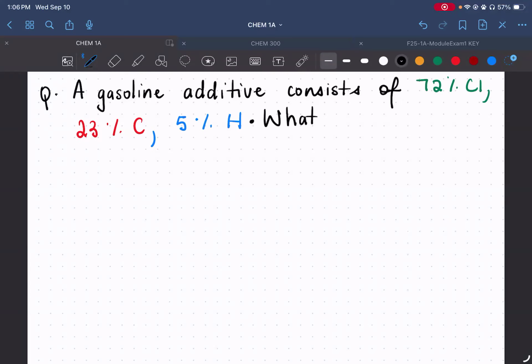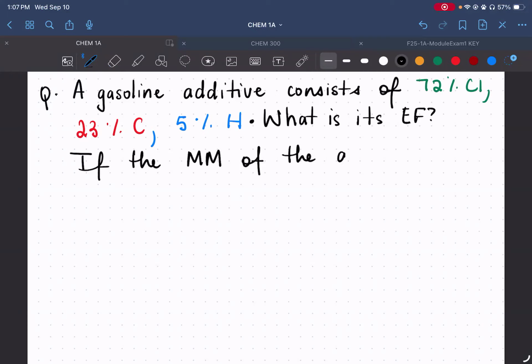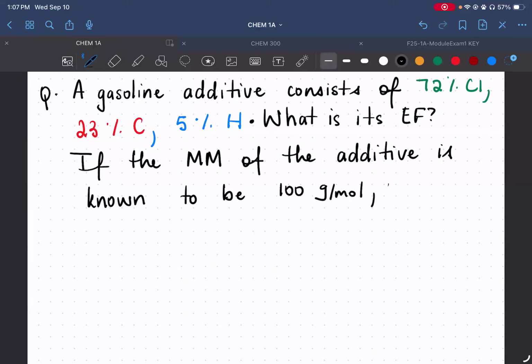The question being asked is, what is its empirical formula? And the second part of the question says, if the molar mass of the additive is known to be 100 grams per mole, what is its molecular formula?